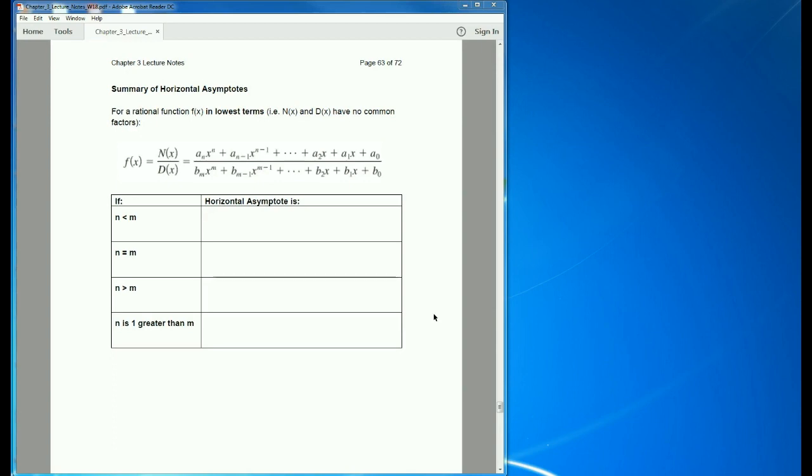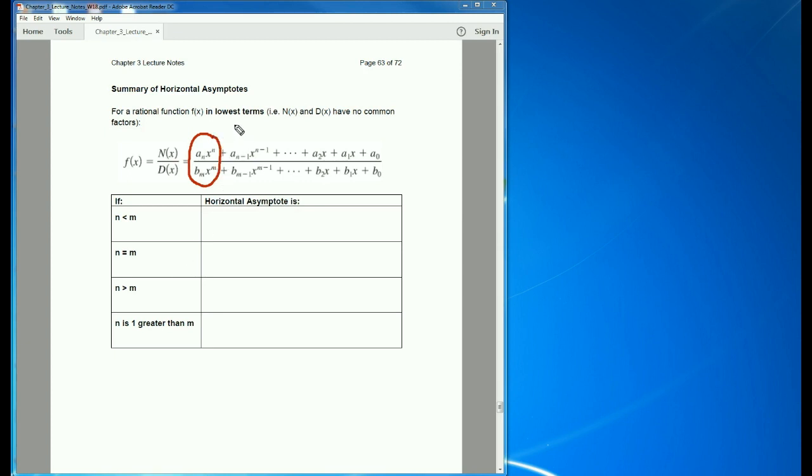Okay, so finally on the next page, let's just do a brief summary of all the cases we just went through for horizontal asymptotes. So again, we have a rational function in lowest terms. There's no common factors. Okay. And again, the main thing we want to be looking at is the ratio of the leading terms.